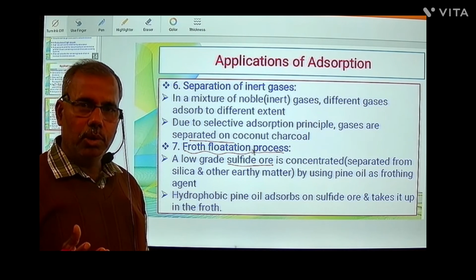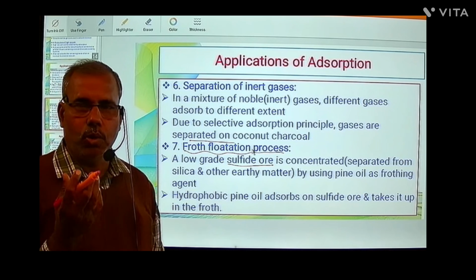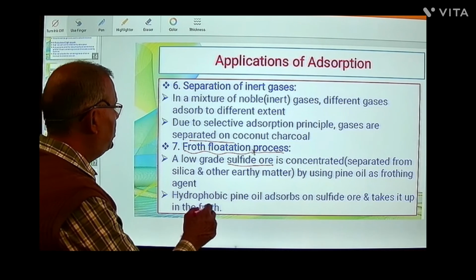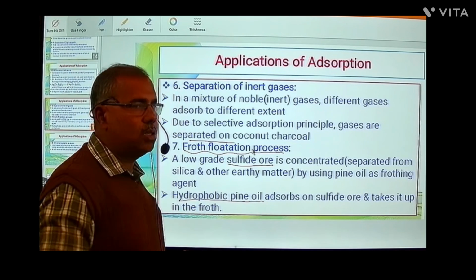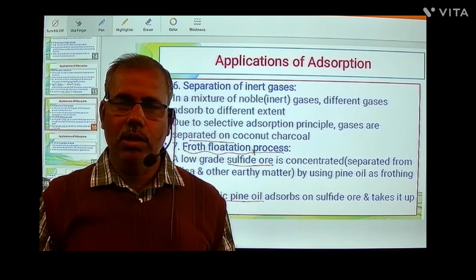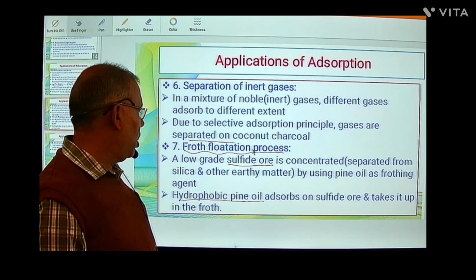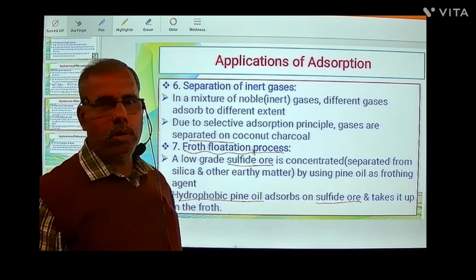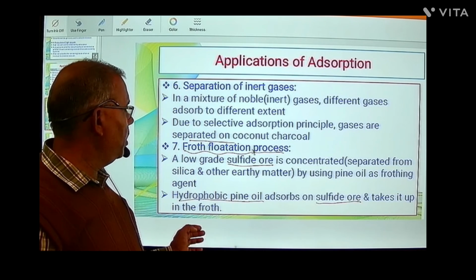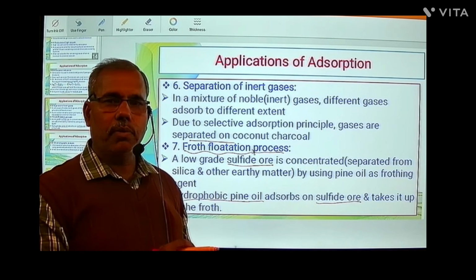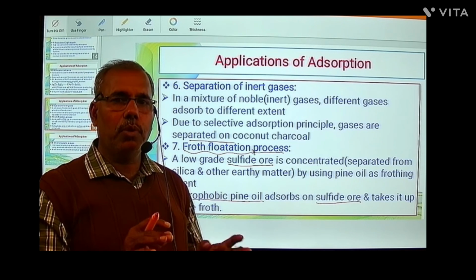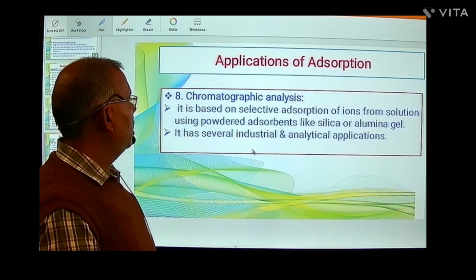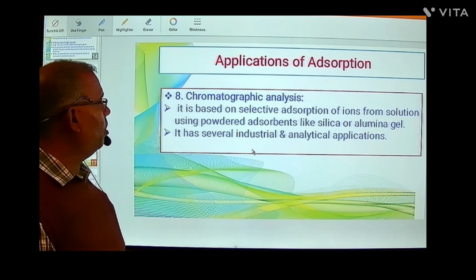The frothing agent is used because we have to get this sulfide ore into the froth. Pine oil is hydrophobic, which means it hates water, that is, it does not dissolve in water. This hydrophobic pine oil adsorbs on the sulfide ore and takes it up into the froth, and hence it is separated from the silica or other earthy matter, that is, the impurities.